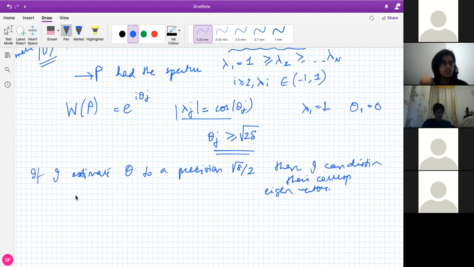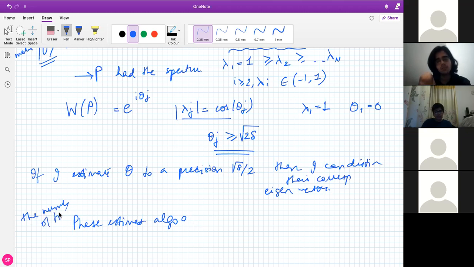And that phase estimation algorithm, I had told you, the number of times you access the unitary R depends on the precision.